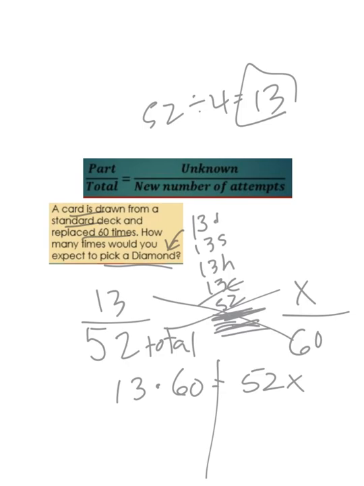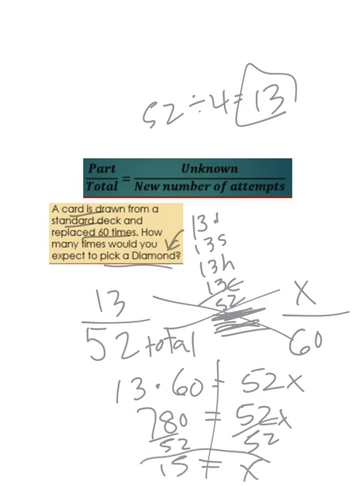You got 780 equals 52x. And then if we divide both sides by 52, I just did the work on the side, so I have that answer ready. 15. So your answer would be 15 times.